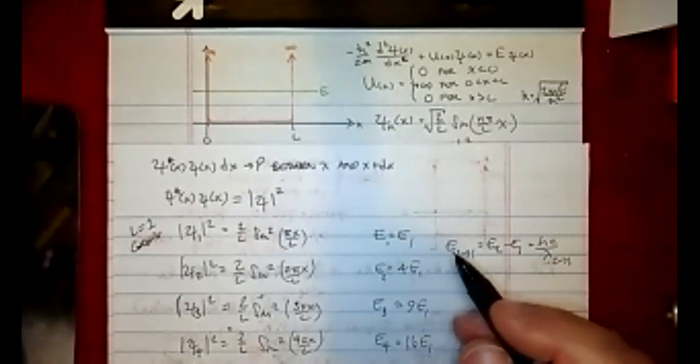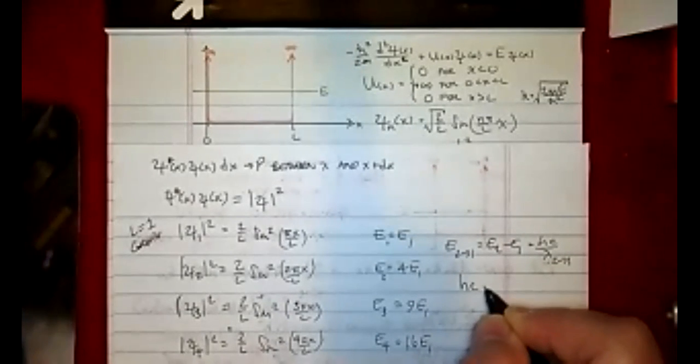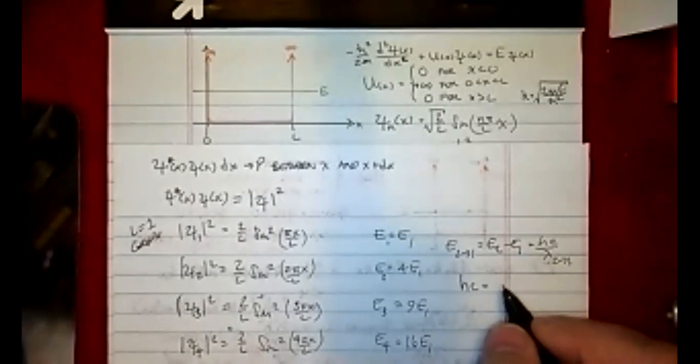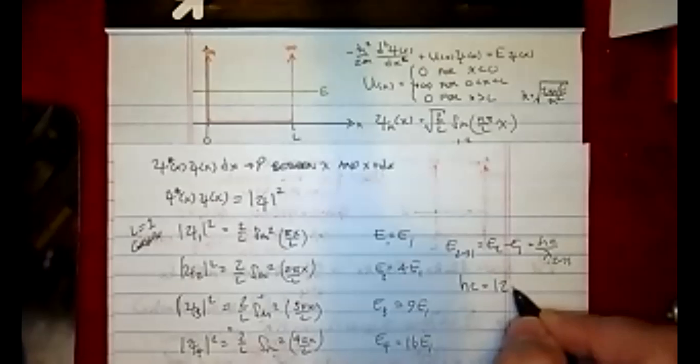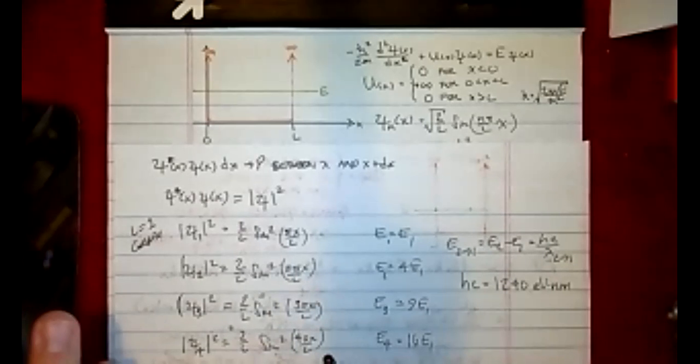So that's a way you can go about calculating photons emitted when a particle contained in this well changes energy states. Of course, it also comes in handy when you can convert your h times c to, say, electron volts times nanometers, in which case it becomes 1,240 electron volts times nanometers. And we'll use that later as well. So my deal here is just to graph these and worry about this stuff later. But I was sort of pointing to where we're going.